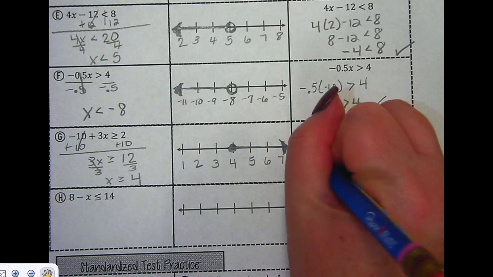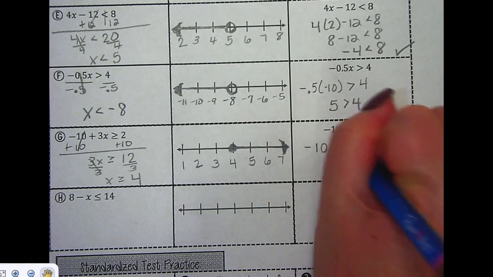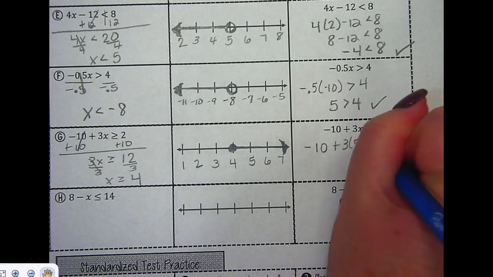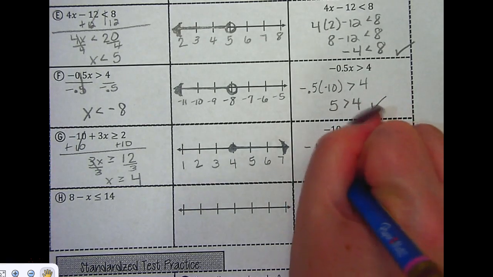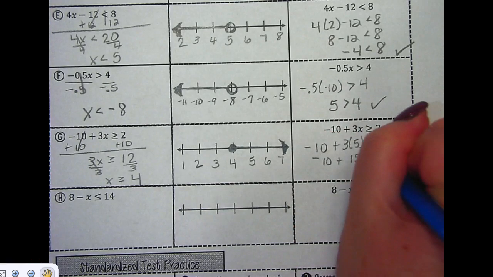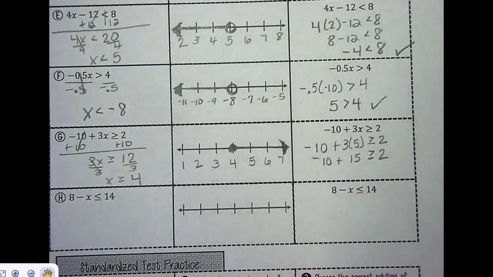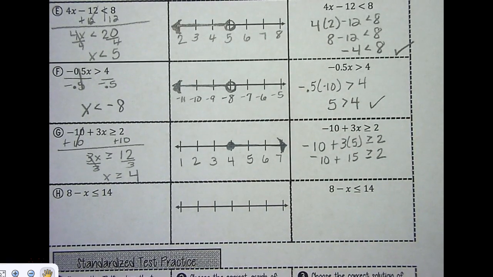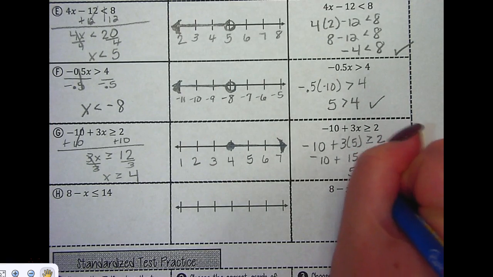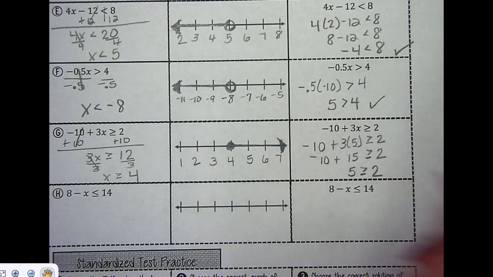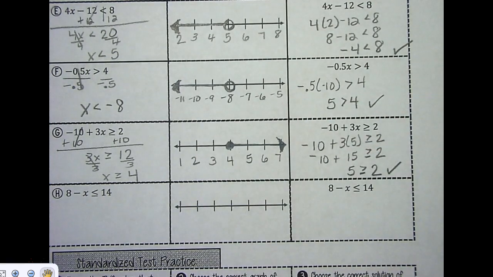Okay. Negative 10 plus 3 times 5 is greater than or equal to 2. Negative 10 plus 15 is greater than or equal to 2. Negative 10 plus 15 is 5. And is 5 greater than or equal to 2? Yes. Boom.